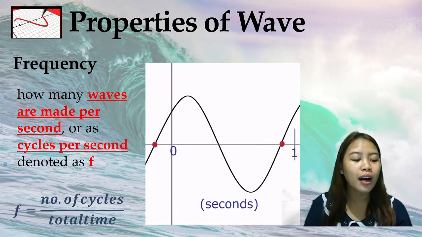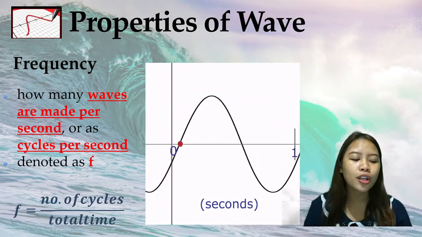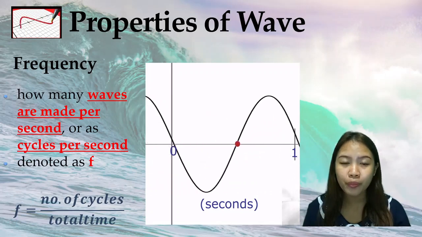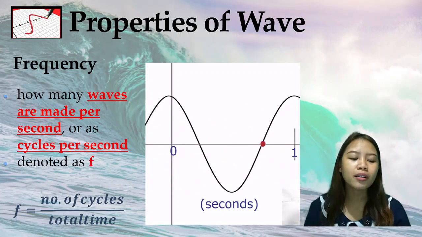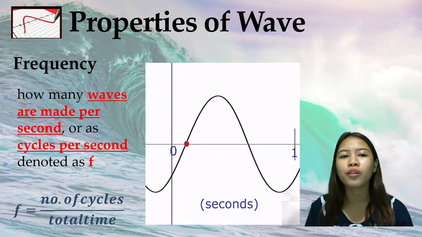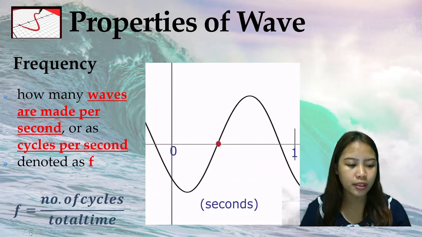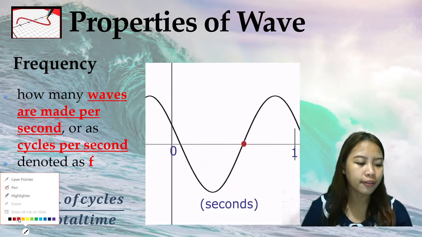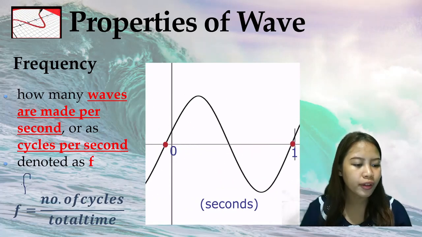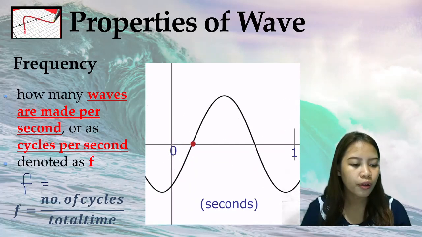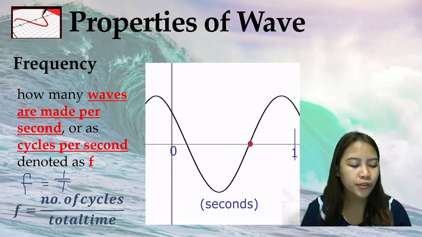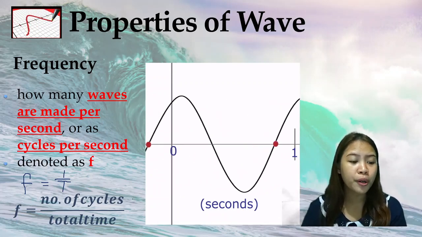So, we have there our equation. F is equal to number of cycles divided by the total time. Okay? Number of cycles divided by the total time. So that's the equation of our frequency. Also, we can have F is equal to 1 over the period, because frequency is the reciprocal of our period.